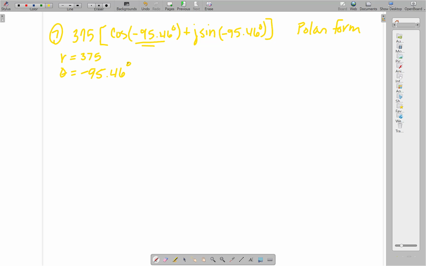Okay, so we have to change this to radians. So change theta to radians. To do exponential form, we have to have theta in radians. So again, use your calculator or the long way. Negative 95.46 over 1 degrees times pi radians over 180 degrees.